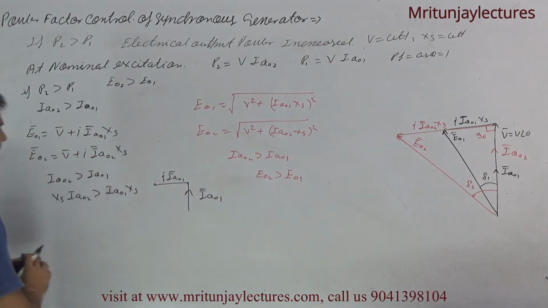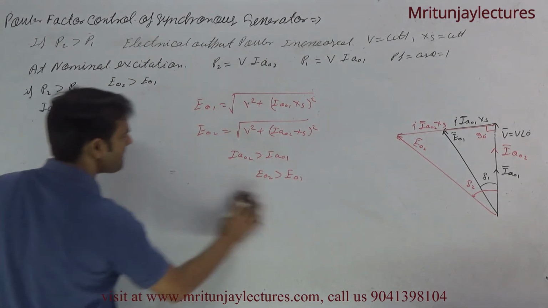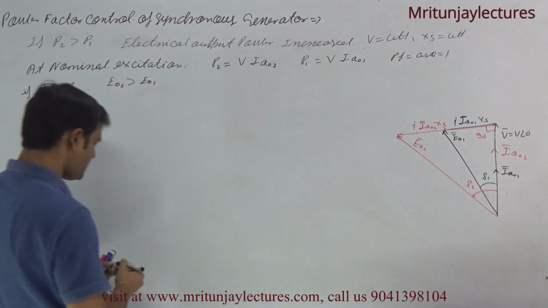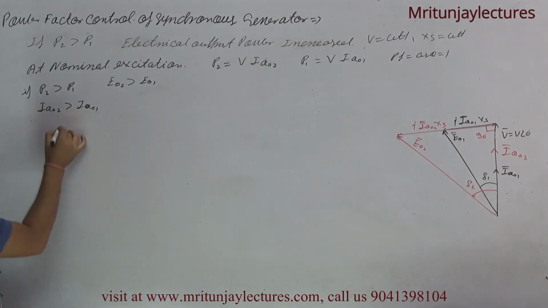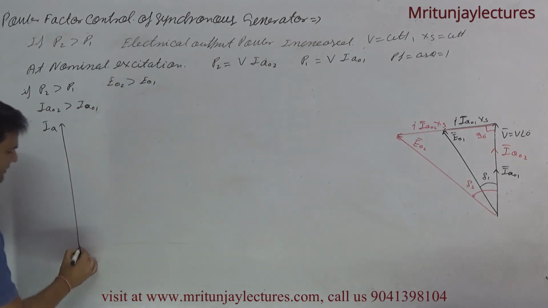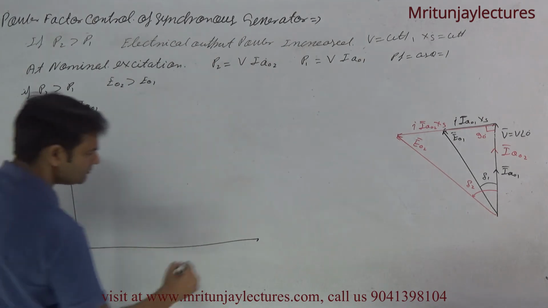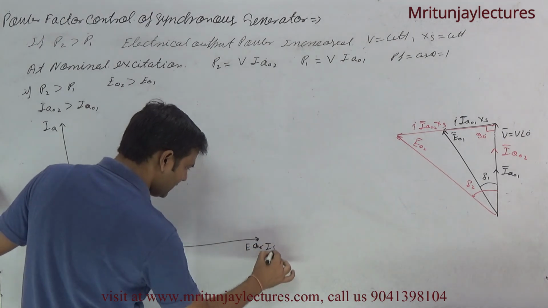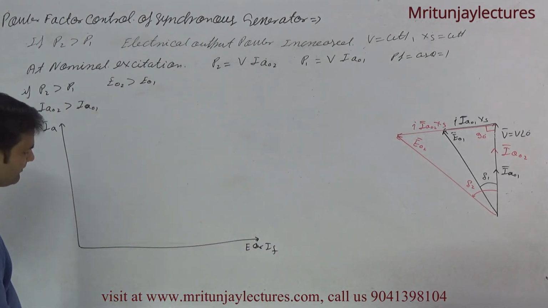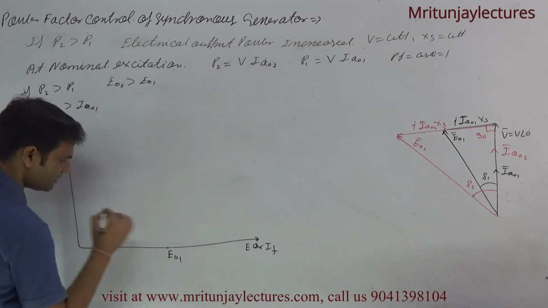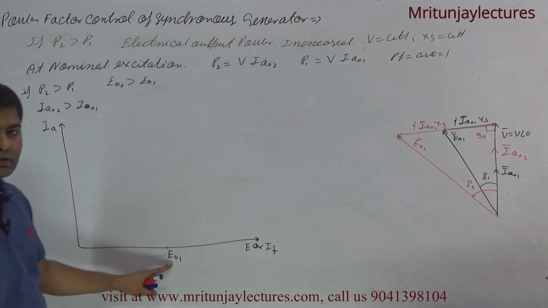Now how to plot? Okay, first one, armature current, and this one is field excitation, or you can say this one represents excitation EMF. Clear? Corresponding to this one is E01.